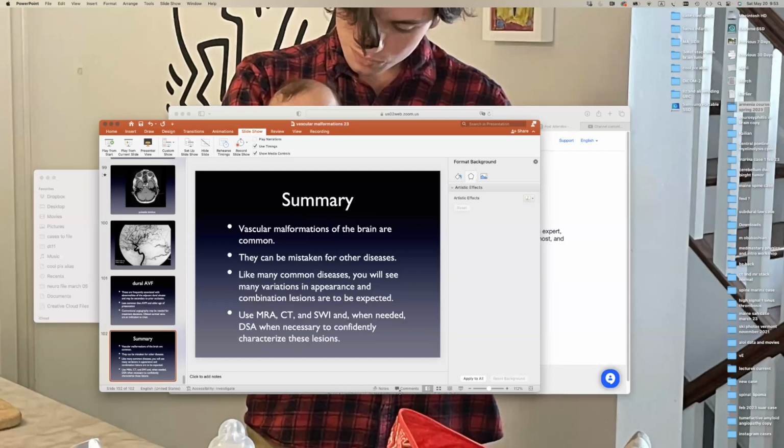So I feel that DVAs and capillary telangiectasias should not be thought to be the source of seizures. Now, you have to be careful and be aware that when you call it a capillary telangiectasia, you want to make sure you have good quality SWI imaging, because they can coexist.